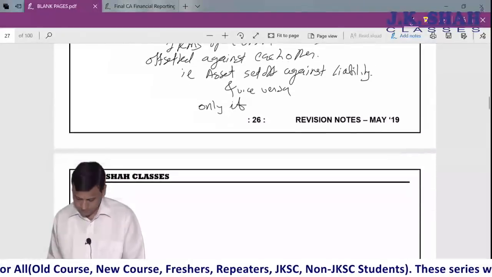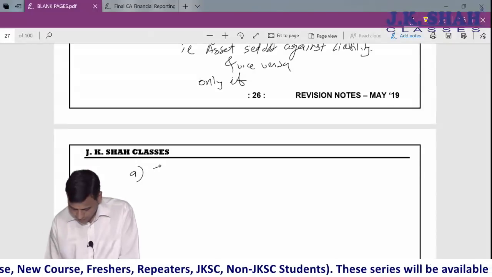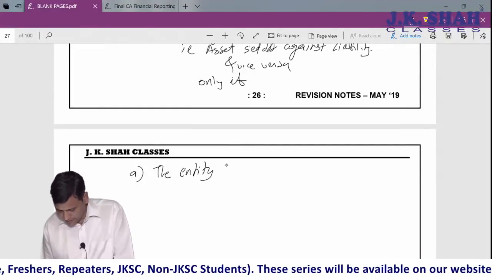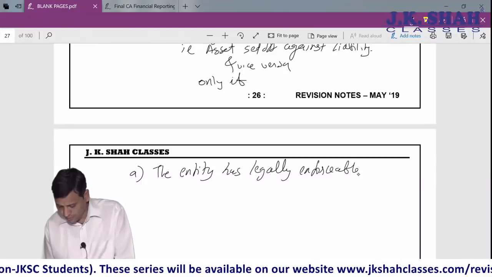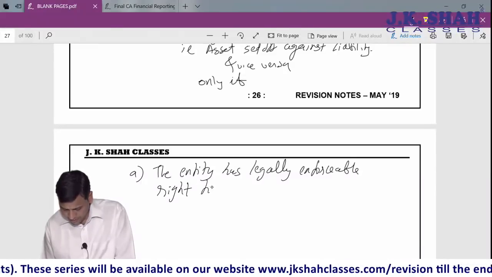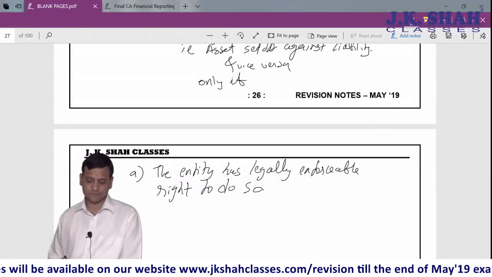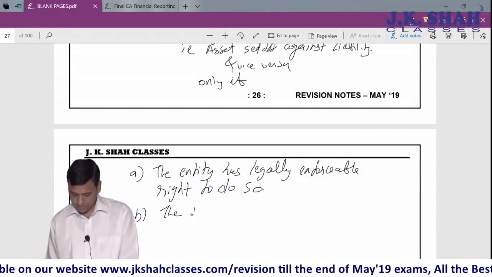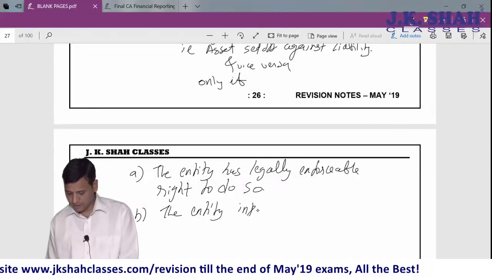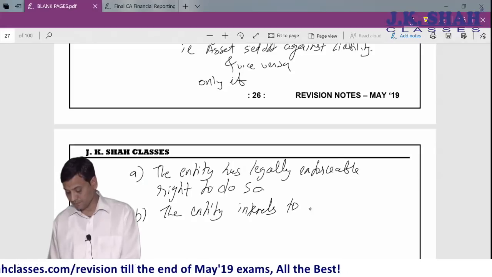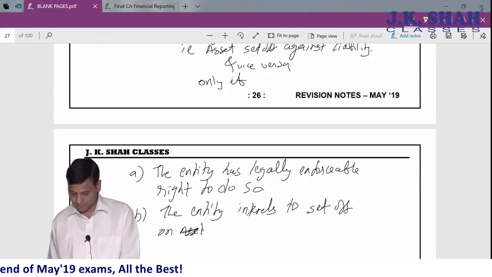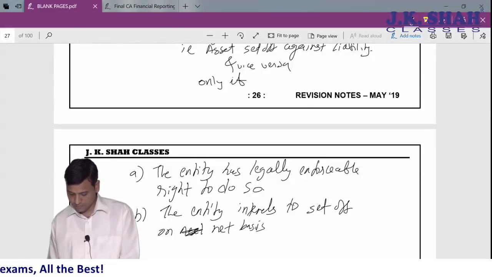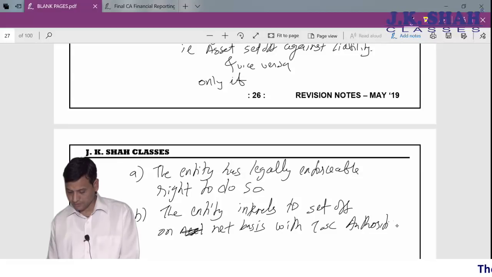Only if A, the entity has a legally enforceable right to do so, and B, the entity intends to set off on net basis with tax authorities.